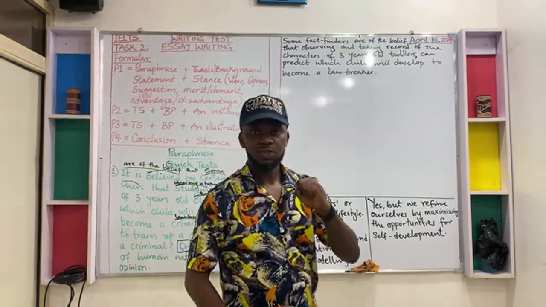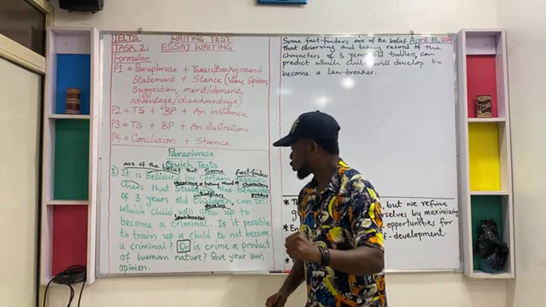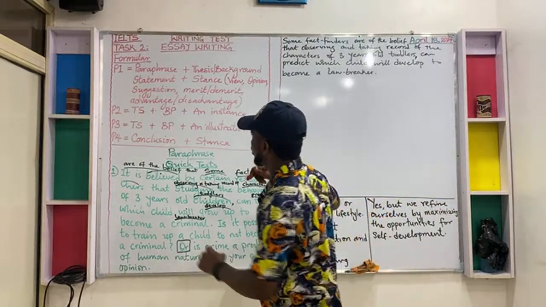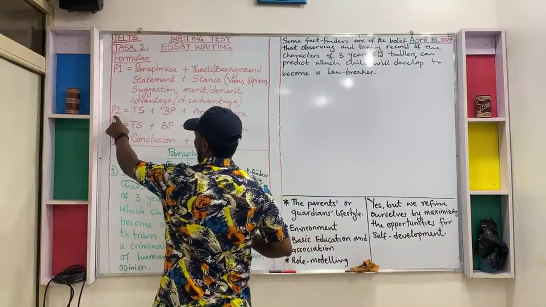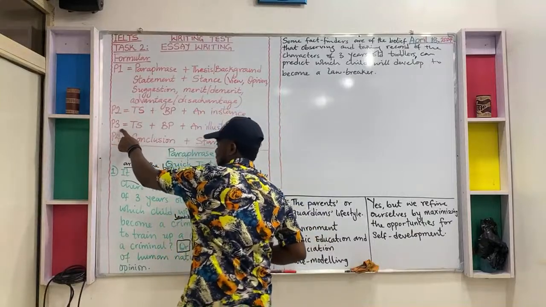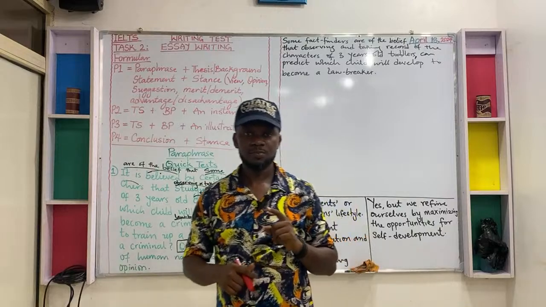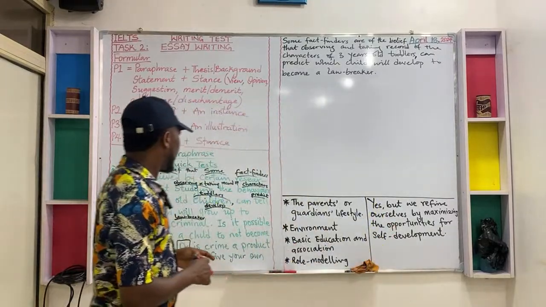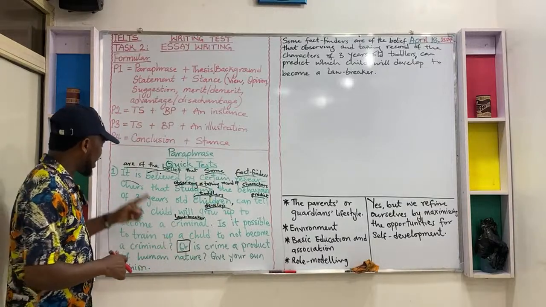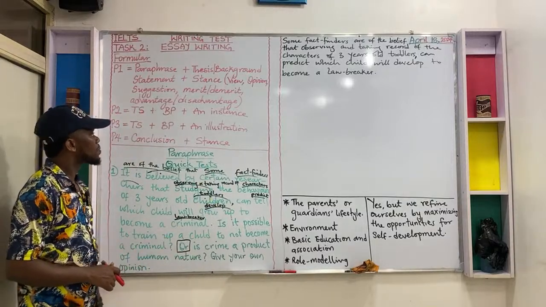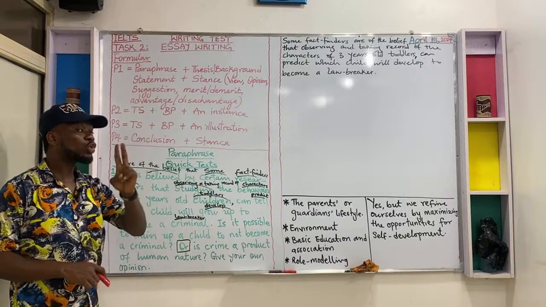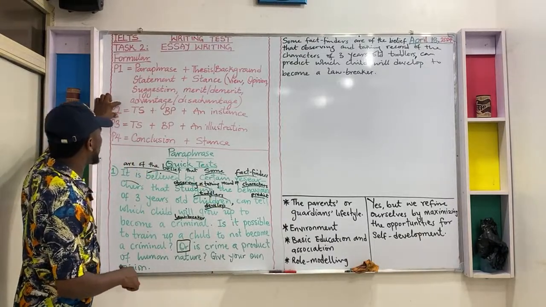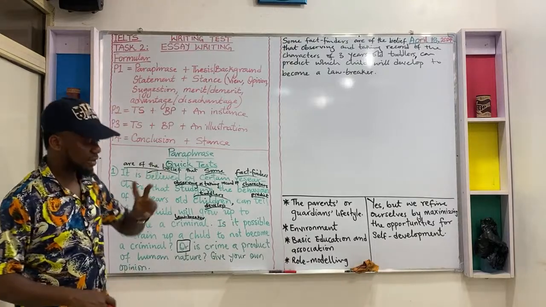Draft out 2 or 3 or 4 strong points that you're going to discuss in your paragraphs 2 and paragraph 3. That's what IELTS expects of you. But if you feel that crime is a product of human nature, then generate 2 strong points that you are going to discuss, one in paragraph 2, then a second in paragraph 3.